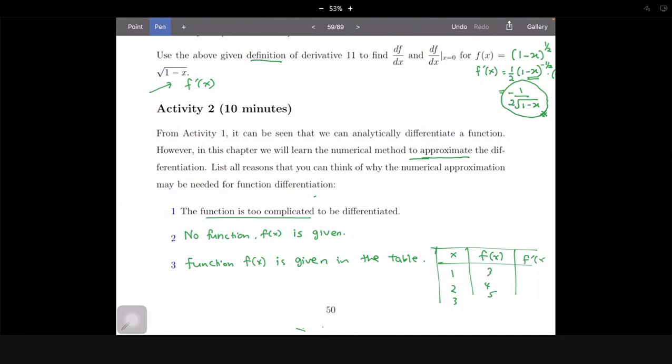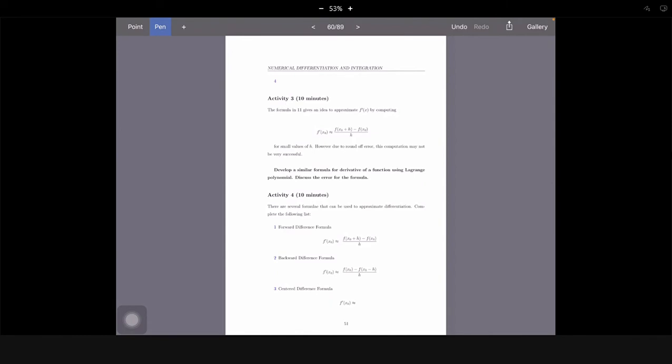Ni maksud saya. Ni adalah lebih kurang sama lah. The meaning is the same. So no function given ataupun hanya data yang diberi. Hanya data dalam table saja diberi. Tapi soalan dia suruh cari the derivative of the function. Faham tak? Itulah antara reason kenapa numerical method digunakan untuk solve the derivative. Jelas? Okay, good. Alright, so banyaknya aktiviti.